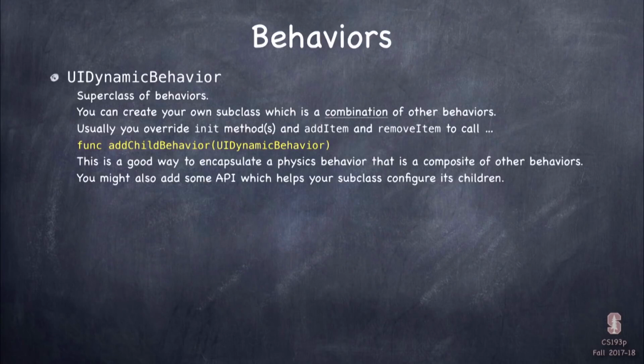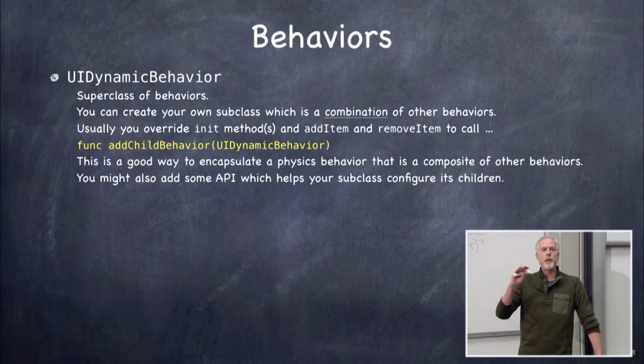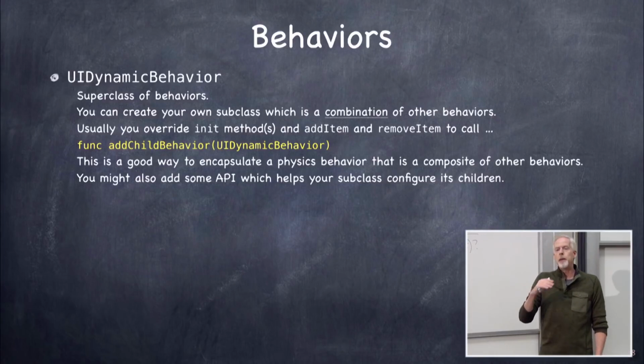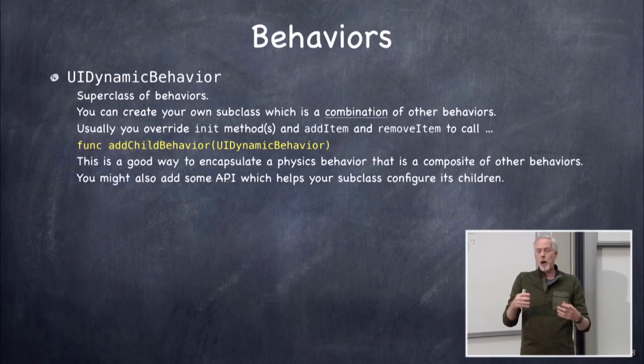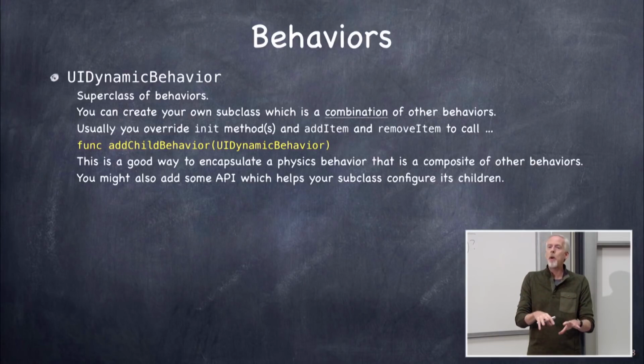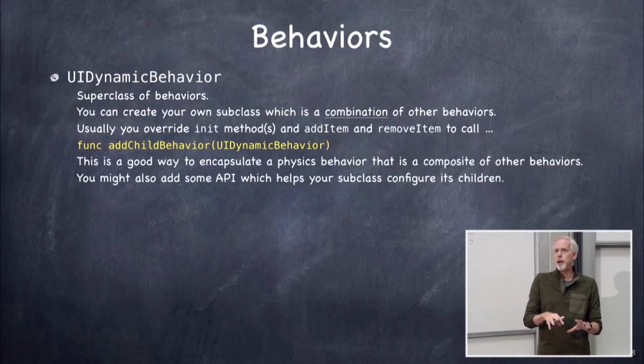Then there's UIDynamicBehavior, which is the superclass of all of these behaviors, collision behavior, gravity behavior, all these things. Now, you could subclass this and try to write your own behavior, but writing a gravity behavior is pretty hard. A lot of math involved there. But that's not why you use a subclass of UIDynamicBehavior.